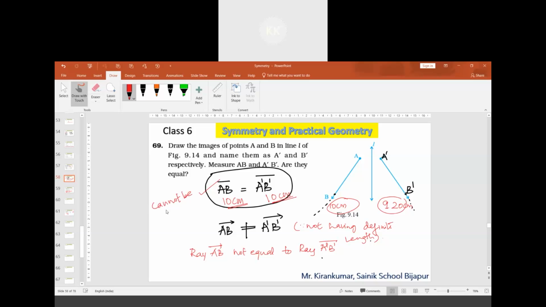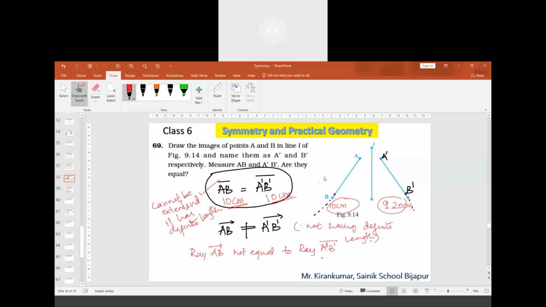It has a definite length. Understood? When you consider a line segment, it has a definite length. When you consider a ray, it does not have a definite length.